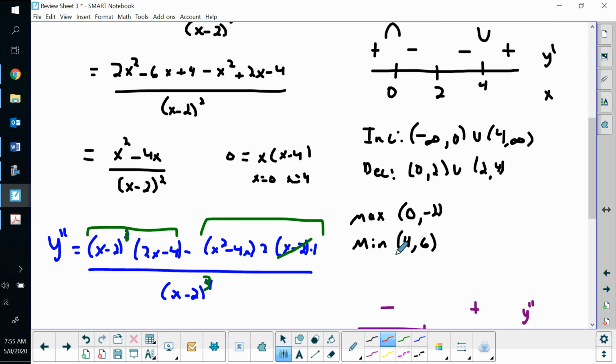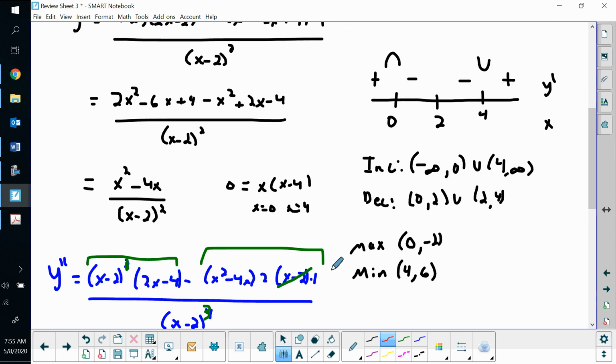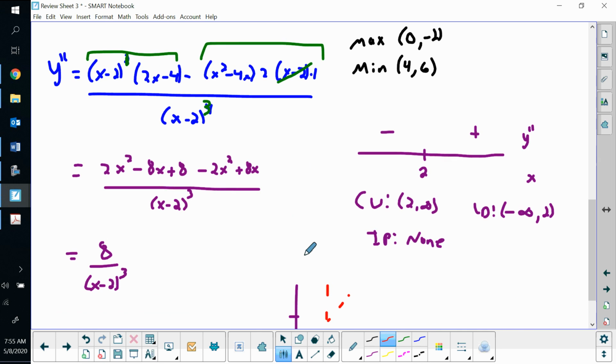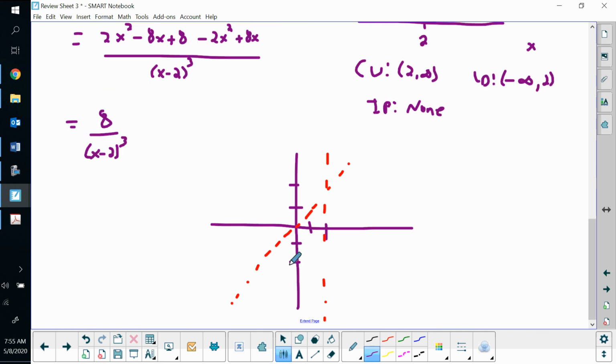And our other points we had the y-intercept, which was also a max at 0, -2, and a min at 4, 6. So we'll extend those asymptotes a little further.